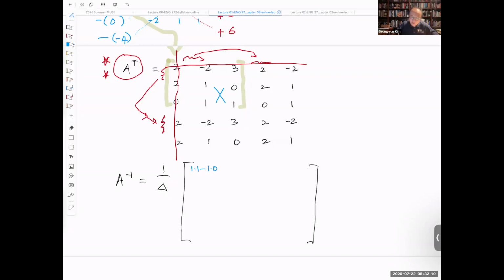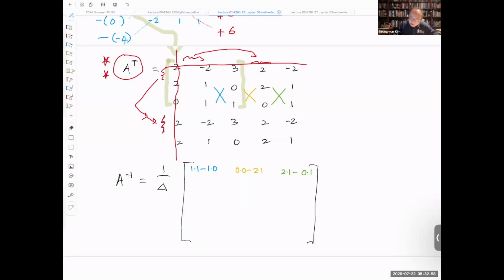The middle one, I'm going to use these four: AD, 0 times 0, minus BC, 2 times 1. And for the first row, third column, I'm going to use these four: AD, 2 times 1, minus BC, 0 times 1.